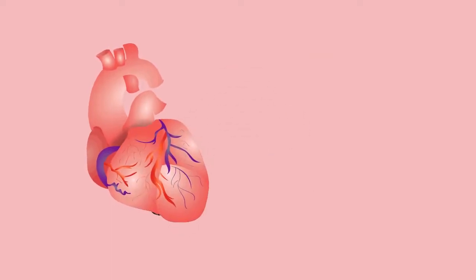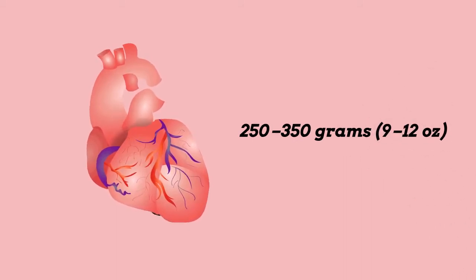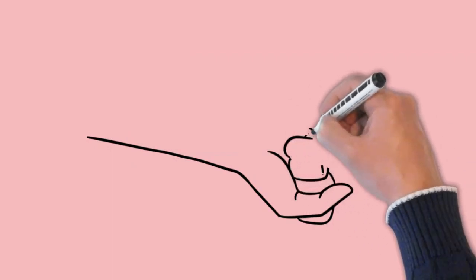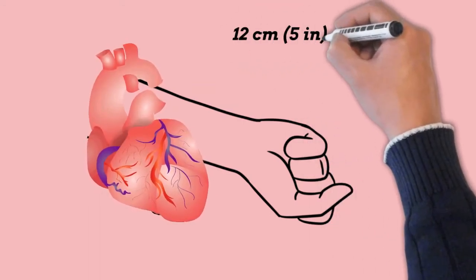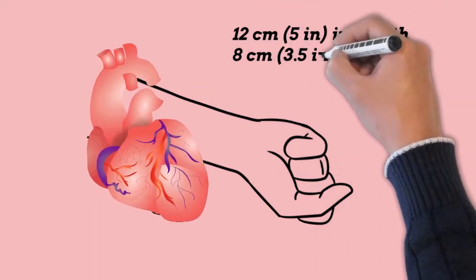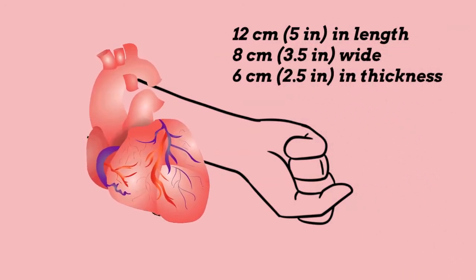The heart is cone-shaped, with its base positioned upwards and tapering down to the apex. An adult heart has a mass of 250 to 350 grams, 9 to 12 ounces. The heart is often described as the size of a fist: 12 centimeters, 5 inches in length, 8 centimeters, 3.5 inches wide, and 6 centimeters, 2.5 inches in thickness, although this description is disputed, as the heart is likely to be slightly larger.